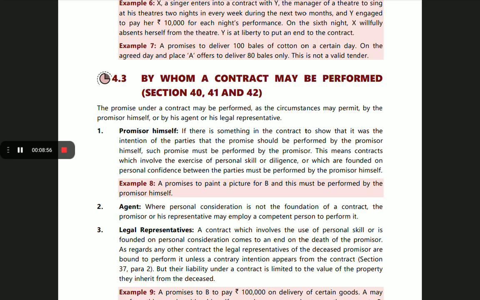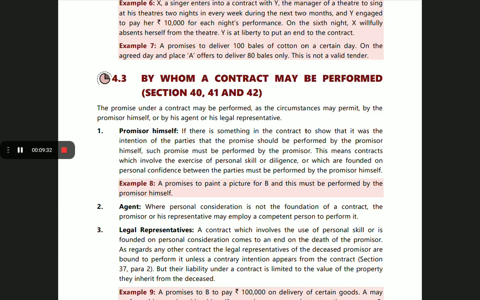Agent: where personal consideration is not the foundation of a contract, the promiser or his representative may employ a competent person to perform it. Legal representatives: a contract which involves the use of personal skill or is founded on personal consideration comes to an end on the death of the promiser.